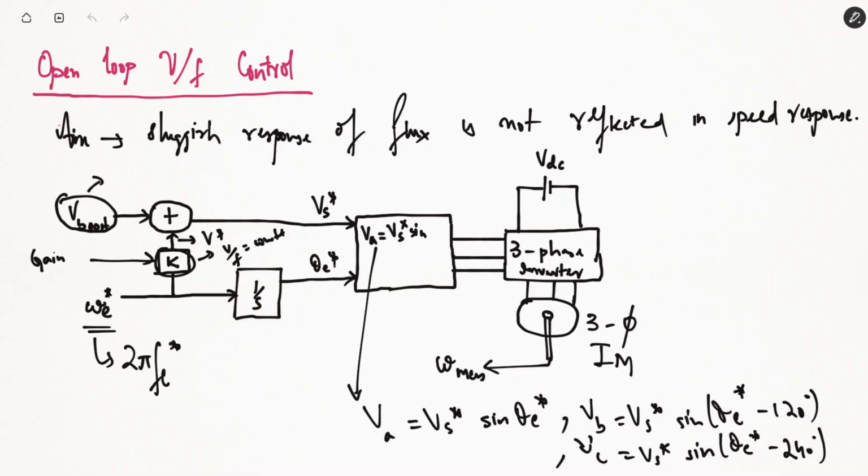So flux will reduce drastically at lower voltage values, and the current may increase beyond the rated values. To keep both those quantities in check, we provide a boost value of voltage such that our flux remains maintained in the system as well as our current remains within the rated value. So that's all about the open loop V by F control and the closed loop V by F control.